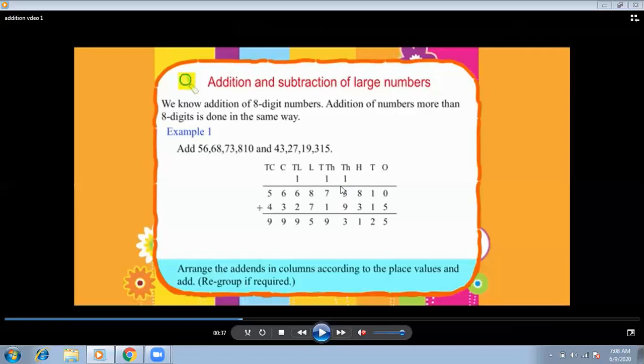Now there are two digits. The first digit, that is 1, you will carry to the next number and the next digit you will write in the answer. Now 7 plus 1 is 8, plus 1 is 9. 8 plus 7 is 15. So 1 is carried and 5 is in the answer, and the same way you will add up all the numbers.